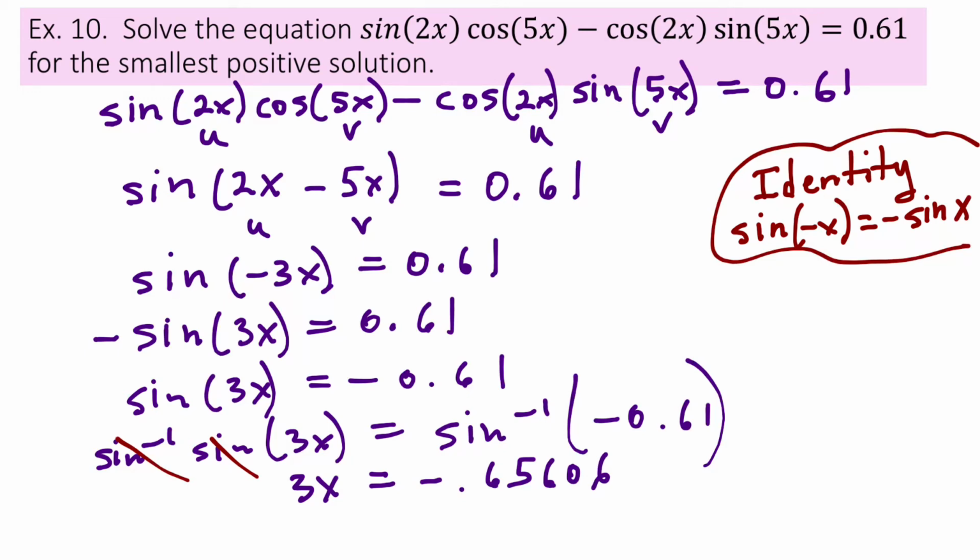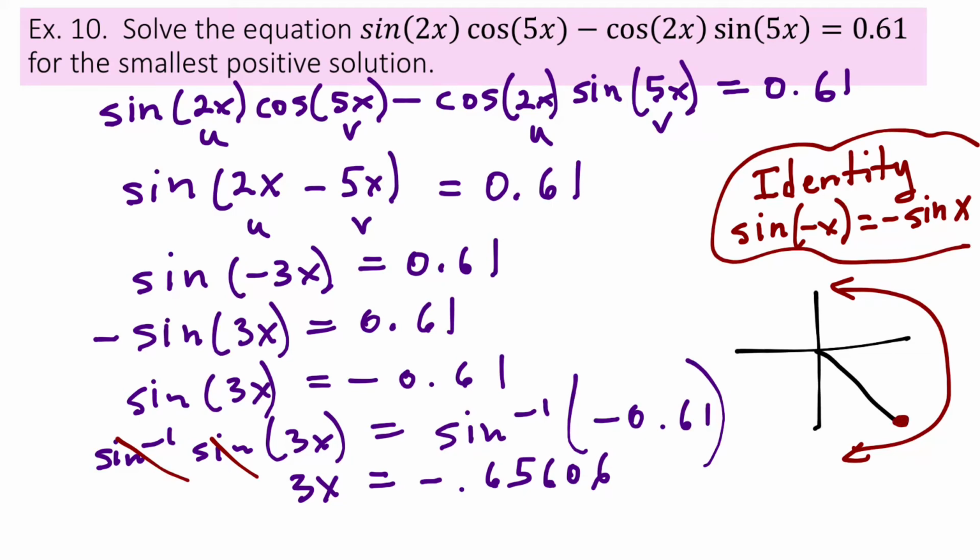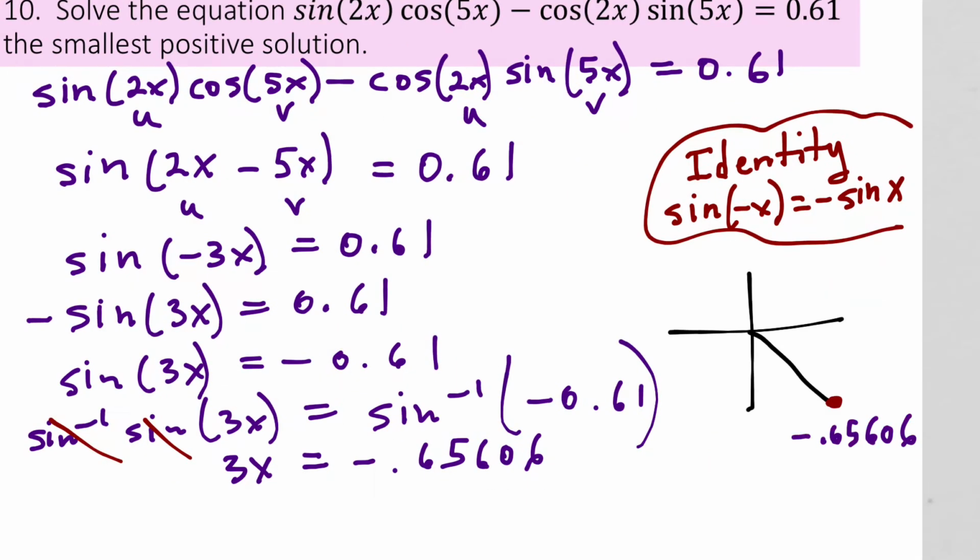Okay, so remember when we do an inverse sine, it gives you an angle between negative pi over 2 and pi over 2. So it's given me this angle here. So that's negative 0.65606 radians. So that's a negative angle there.